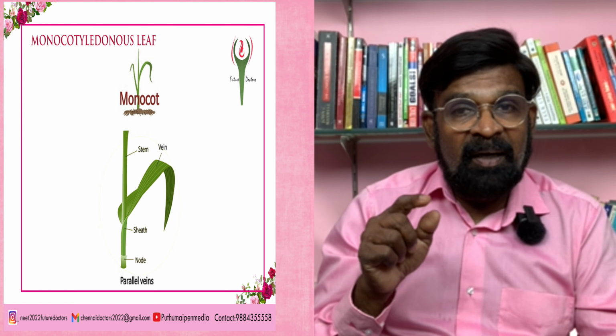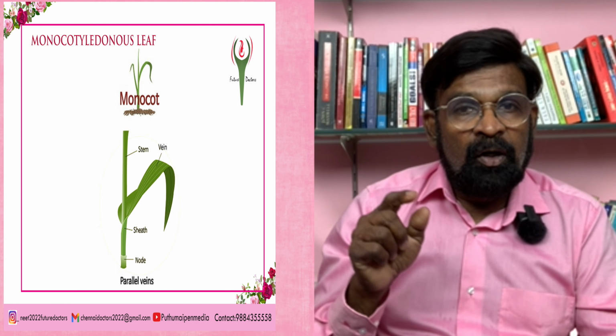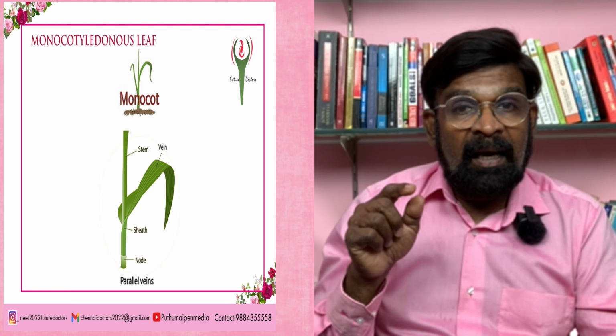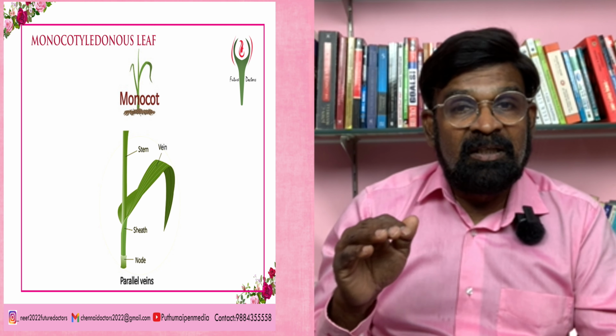The vascular bundles are conjoint, collateral, endarch and closed. The xylem is present towards the upper epidermis and phloem towards the lower epidermis. Xylem and phloem elements of monocot leaves are similar to those of dicot leaves.